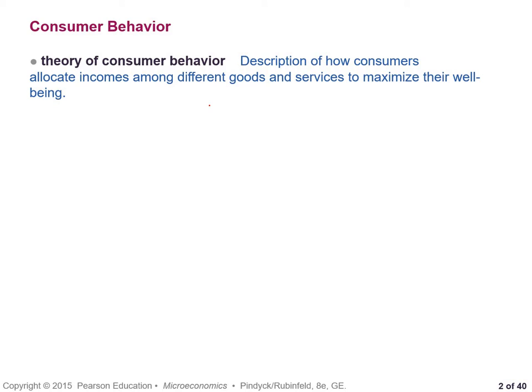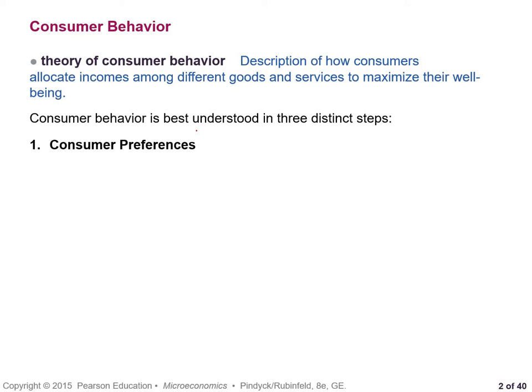So if you are a consumer, the scarce resource which you are facing is income. Okay, that income should be allocated among different goods and services optimally in order to maximize the well-being of the consumer.